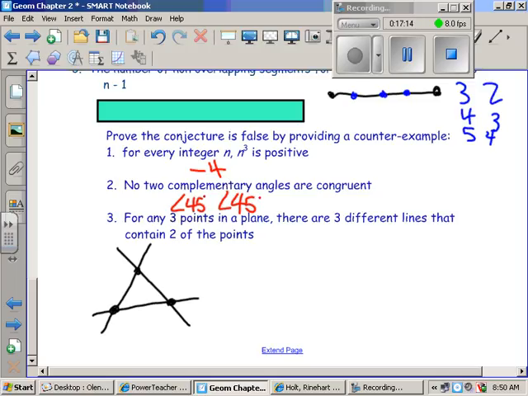I'm looking for a counterexample. When would that not be true? Yeah, 3 collinear points. 1, 2, 3. Can I put 3 different lines through those? Nope, just 1. Right?